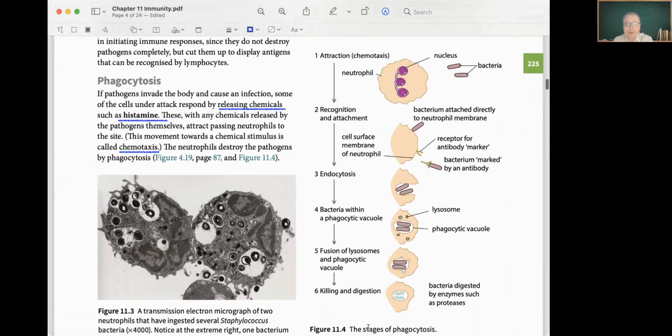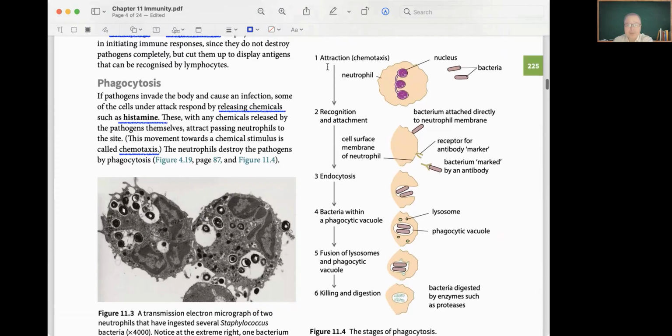Figure 11.4, the stages of phagocytosis. Now, the first step, attraction, called chemotaxis. Chemotaxis is the movement towards a chemical stimulus. That's to say, the macrophage will come closer to the foreign antigen or virus or bacteria.